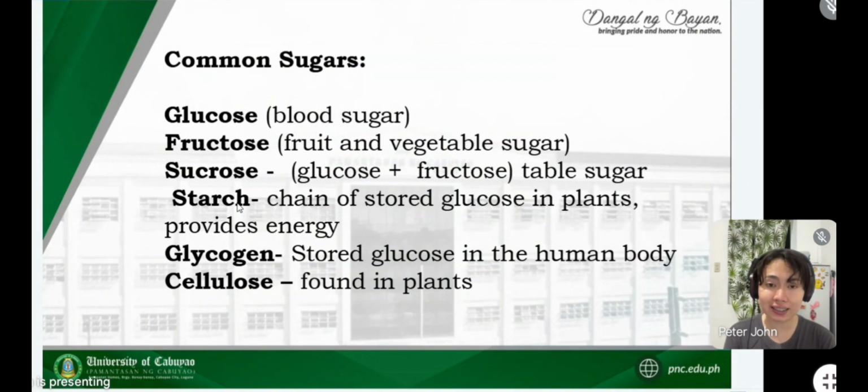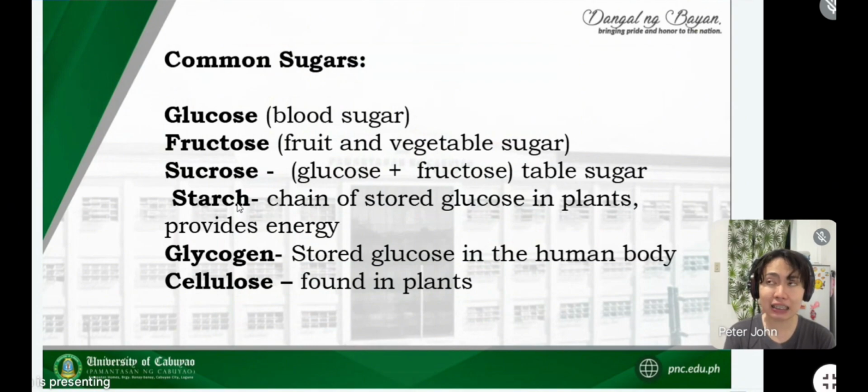Next, we have also the cellulose. Cellulose is often found with plants. So, sa plants pa rin po siya. It is a type of sugar na makikita sa mga dahon or sa mga stem ng plants. So, the function of it is to provide protection.